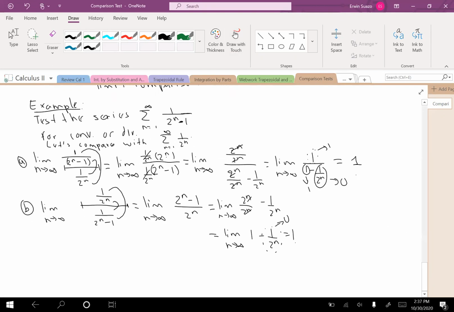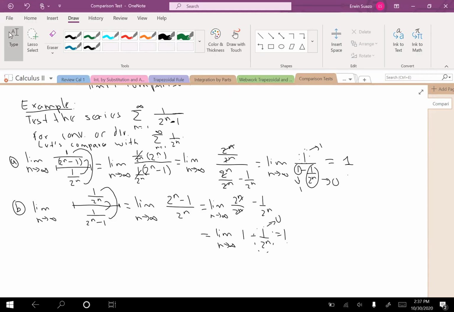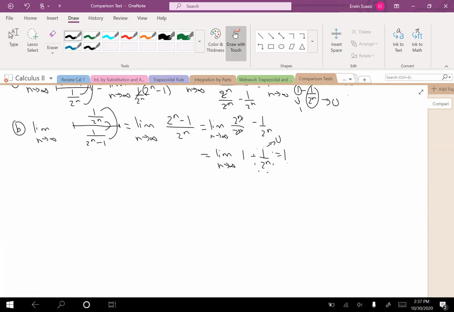So either way, you can put it on the top or on the bottom, you can switch it, and you'll get both limits equal to 1. Therefore, by the limit comparison test, you just need to find one limit. You don't need to find both limits. I'm just doing it because when you are doing your homework, you are going to ask yourself what to put on the top and what to put on the bottom.